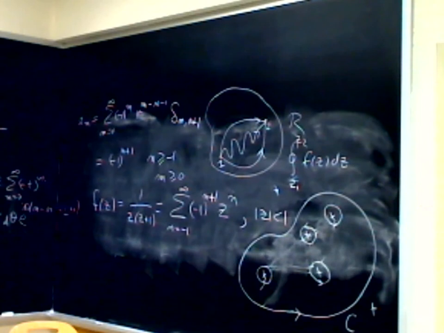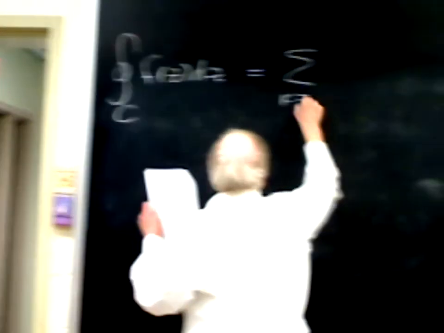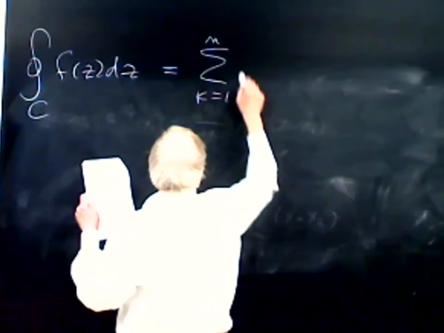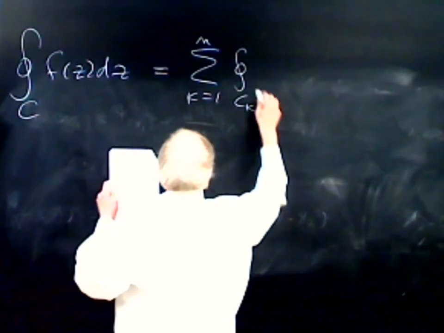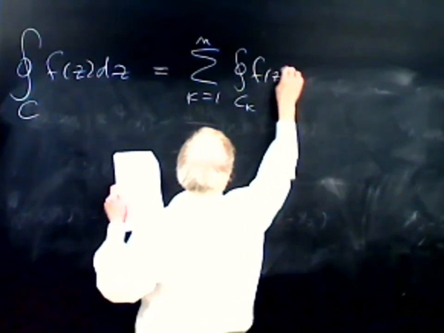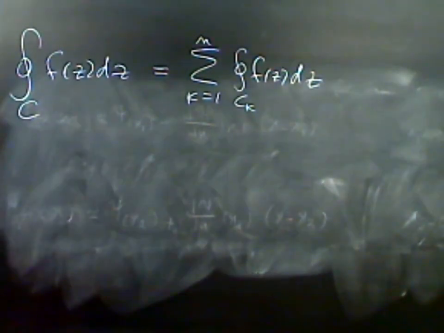So that means the integral on the contour of f of z dz is the sum, k equals 1 to n, of the integrals around tiny contours c_k of f of z dz. But those things we learned over here, these are just 2 pi i times the residue.